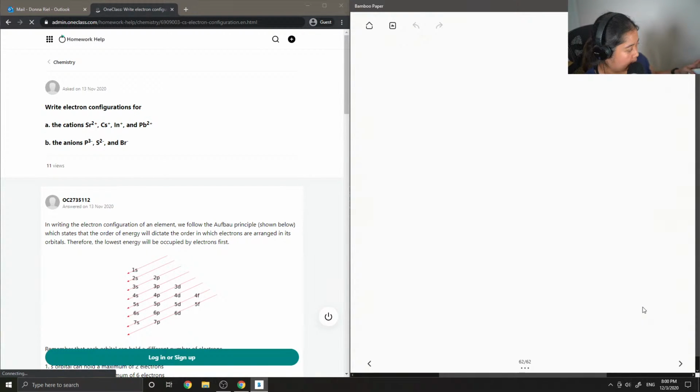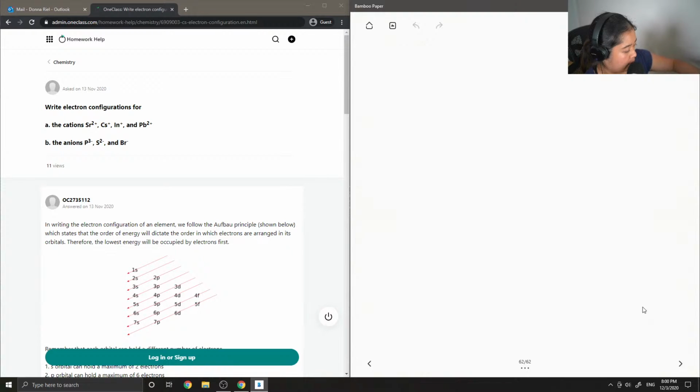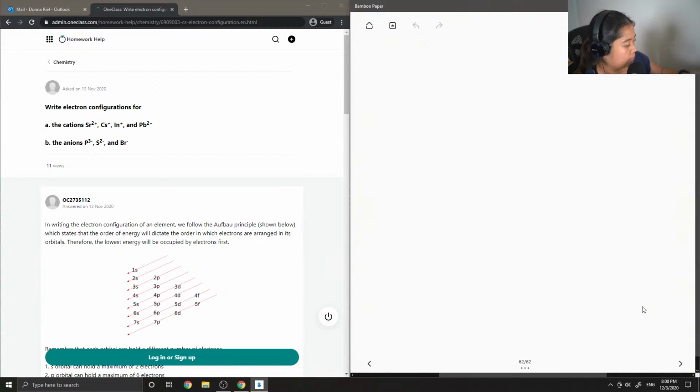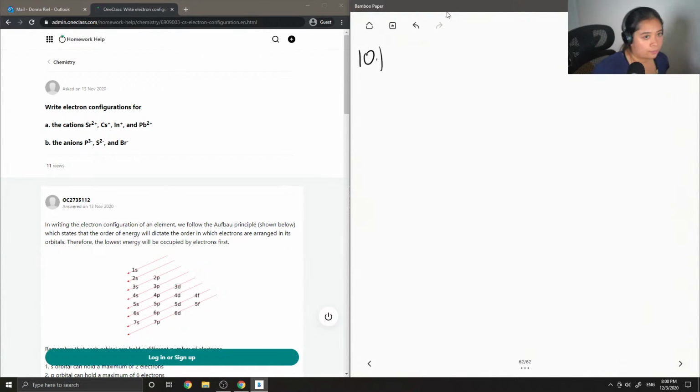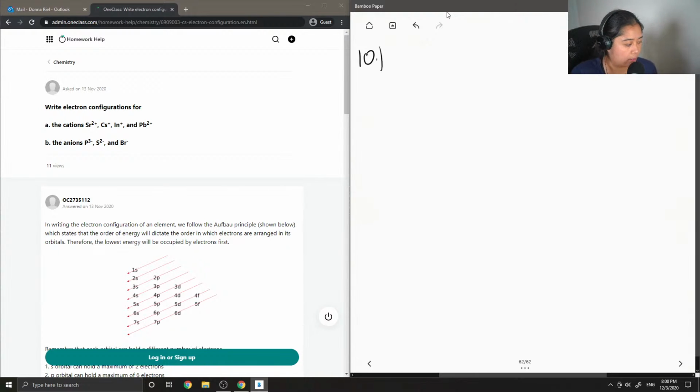Okay, so on to question number 10. It just asks to write electron configurations for the following cations and anions. First I'll write out the definition of electron configuration.